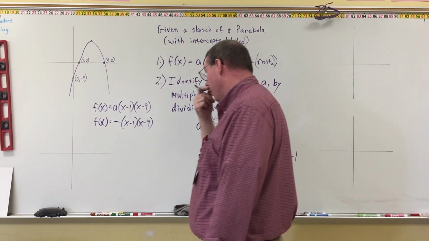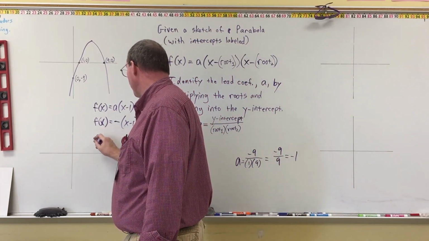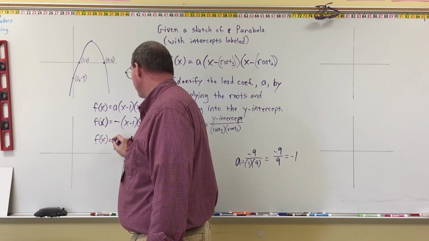But now we're going to go ahead and distribute. So f of x is equal to negative.